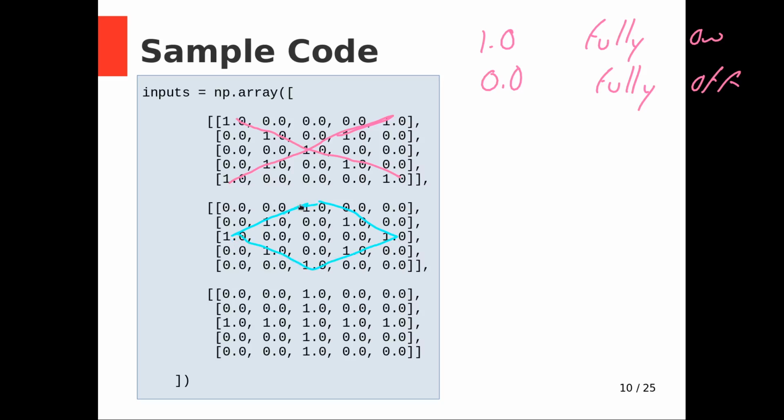And the third one would be an image of a plus. A little bitty, tiny, 5 by 5 pixel black and white image of an X, a diamond, and a plus. So that is the input that we are about to learn to classify.